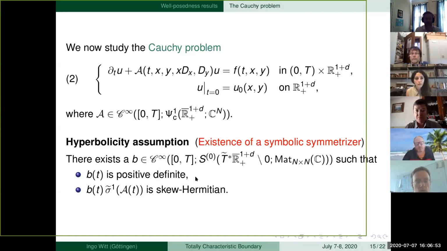It is pointwise positive definite, so it's a matrix function, and when multiplied with a principal symbol of our A, we get something which is skew-Hermitian. Okay, so we make that assumption.